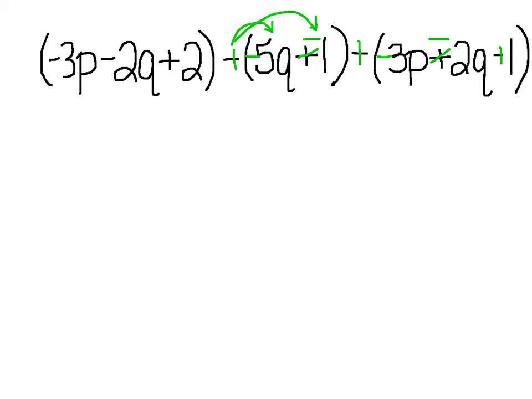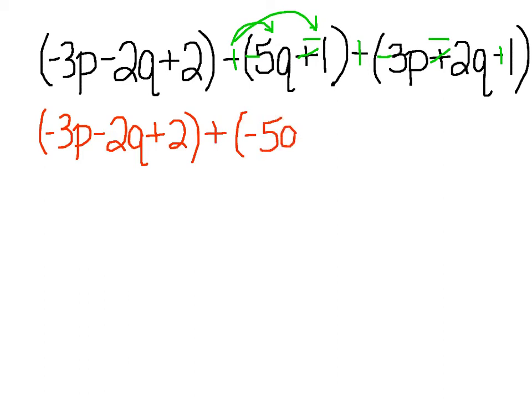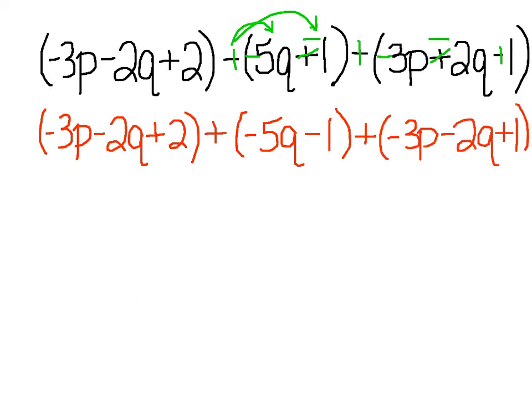So if we rewrite this problem, we have negative 3p minus 2q plus 2 plus negative 5q minus 1 plus negative 3p minus 2q plus 1. Now we're going to combine our like terms.